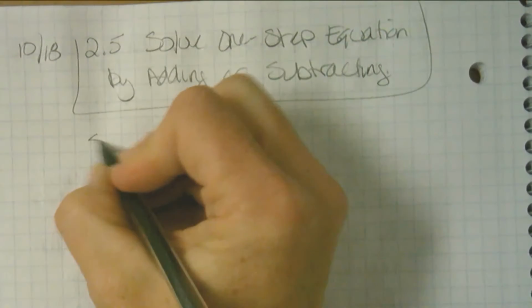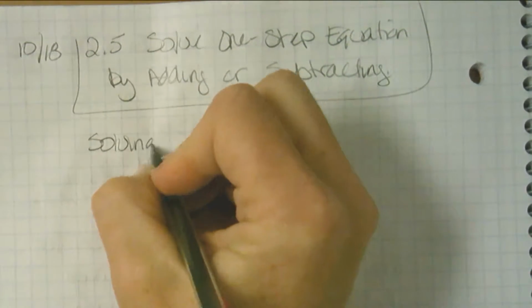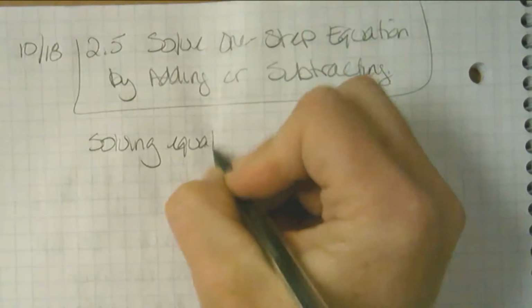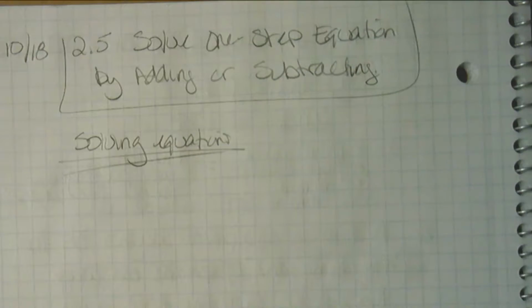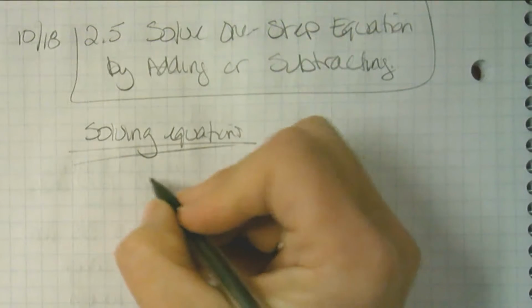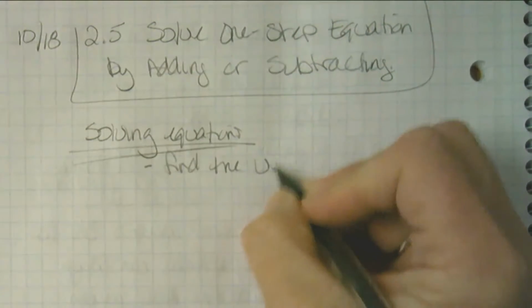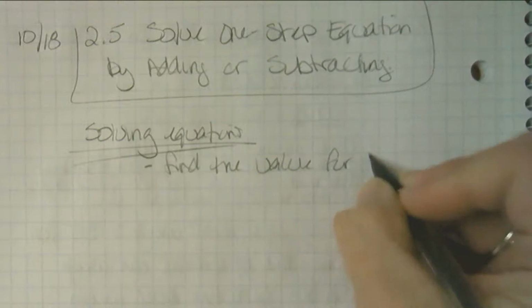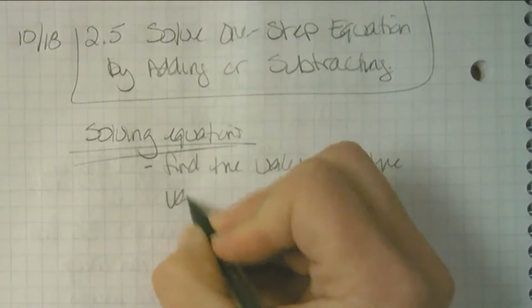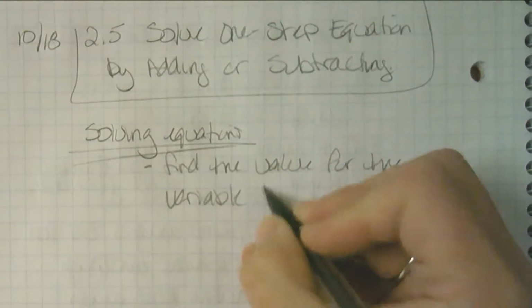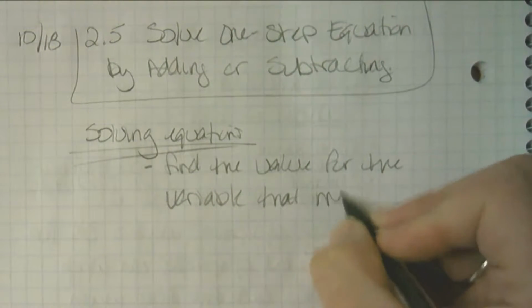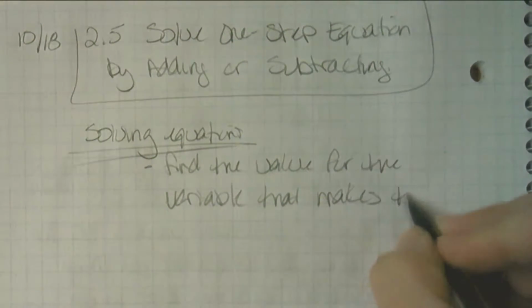So when we talk about solving equations, what that means is that we want to find the value for the variable that makes the equation true.